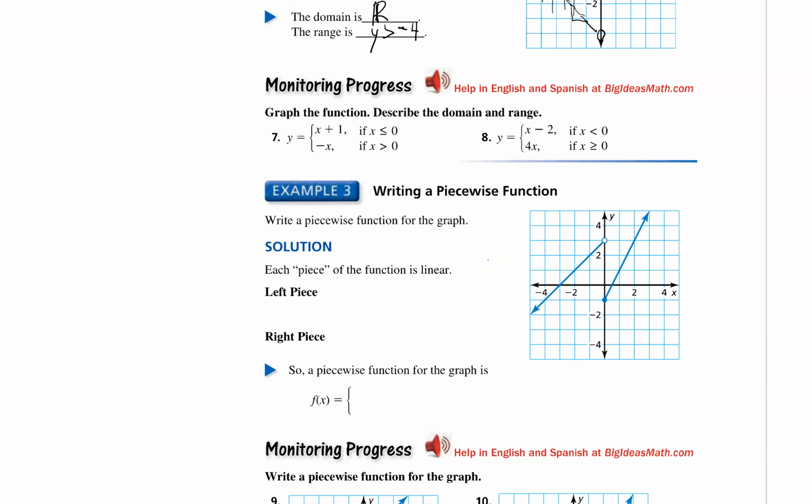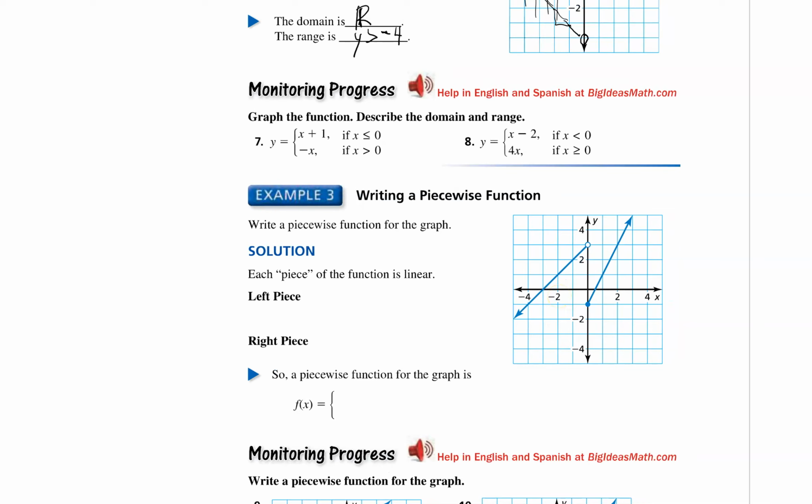The solution: each piece of the function is linear. So the left piece, we see that it goes up 1 and over 1, so the slope is 1. We would write, again, y equals mx plus b. So a slope of 1 times x plus b, which is the y-intercept, in this case is 3. 1 times x is just x, plus 3.